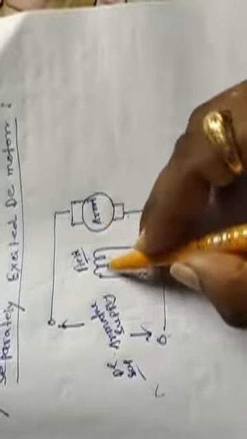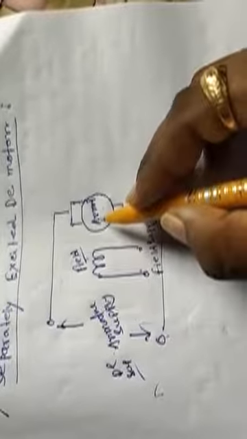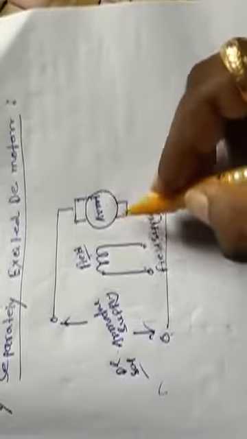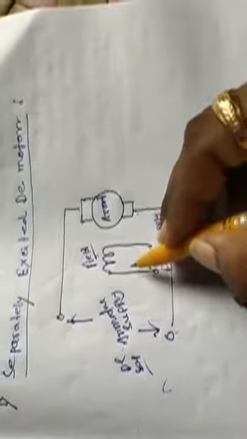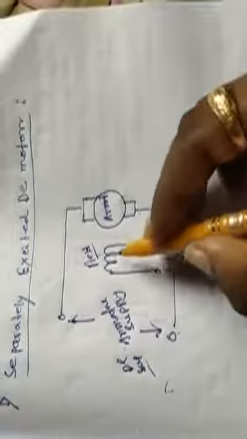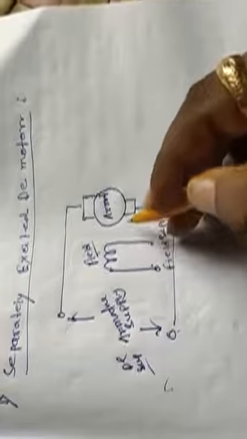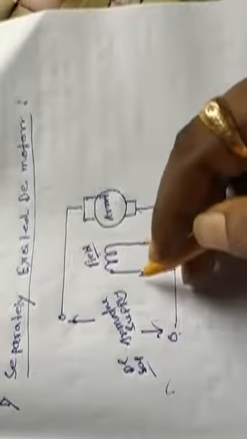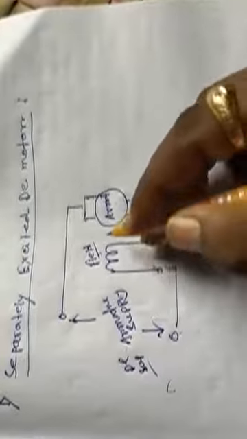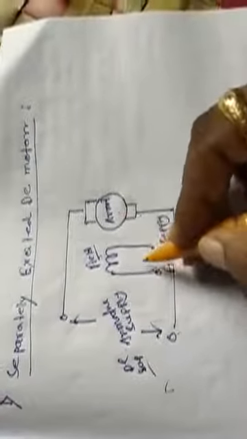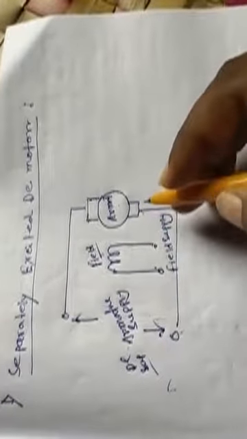So these are two separately supplied windings, and this type of excitation and construction is called a separately excited DC motor.